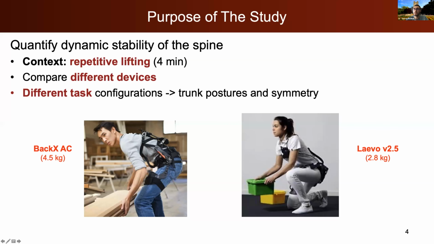That is the main reason, but they also have different design characteristics. This one has more padding and is a little bit heavier, BackX, but Levo is low profile, has less padding, and is a little bit lighter than BackX.